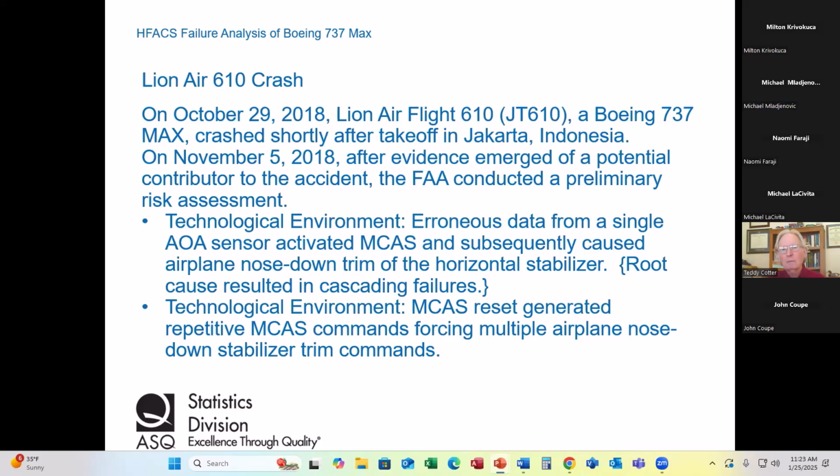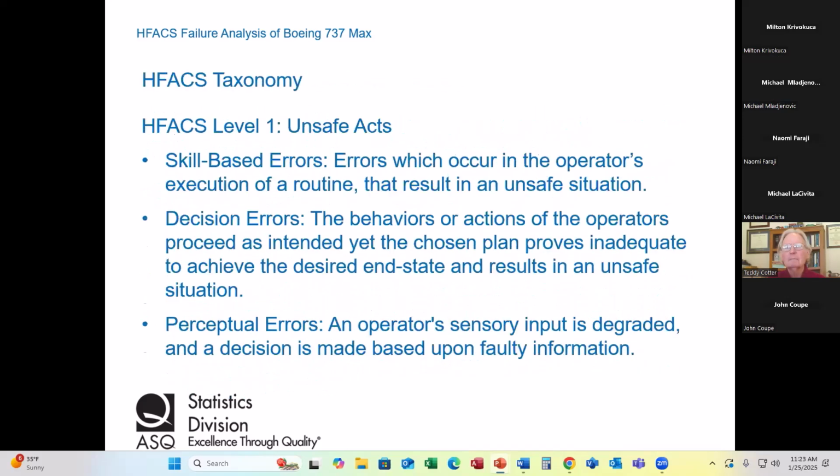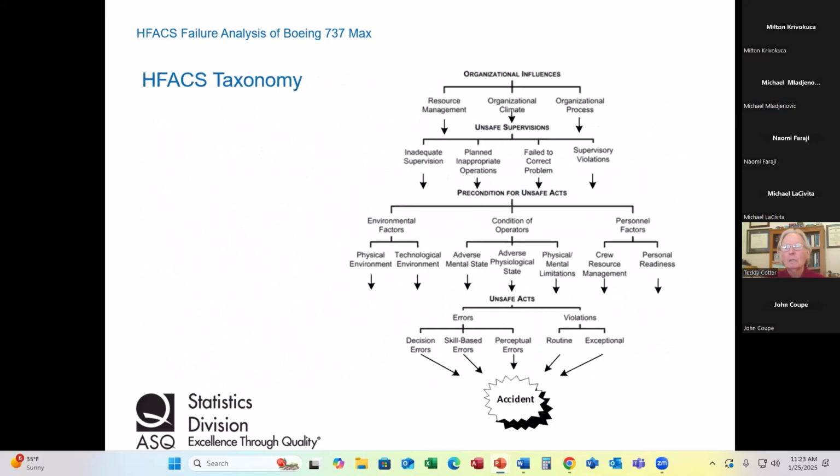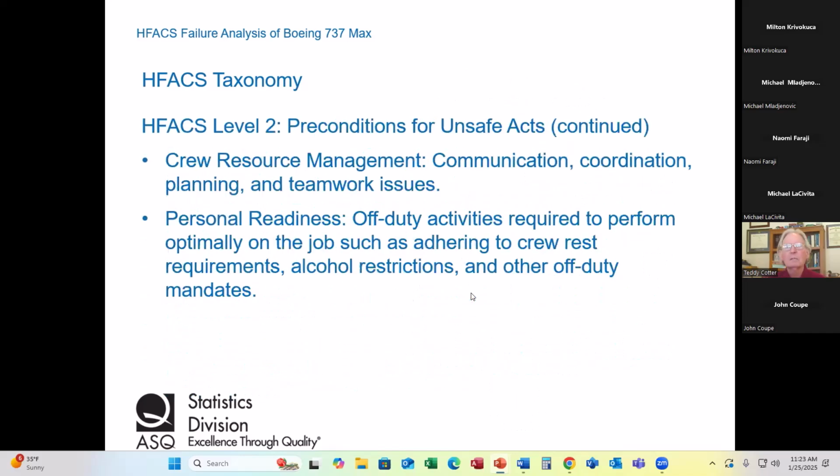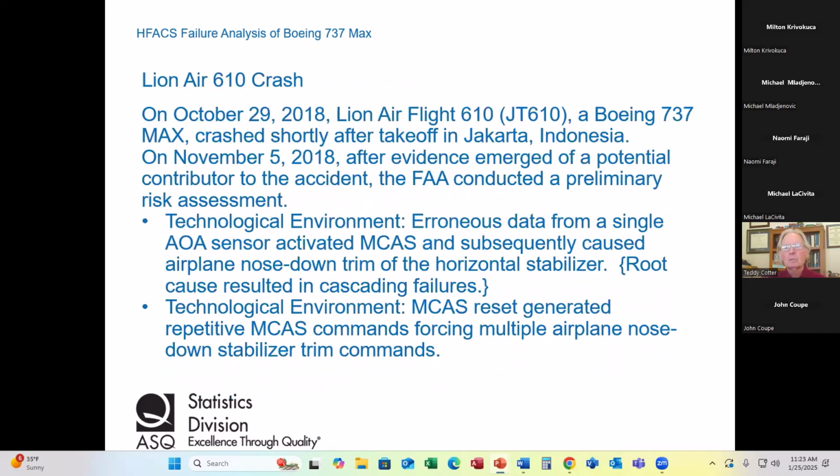So out of the risk assessment, I read through the risk assessment, and then I made these assignments myself to technological environment, going back to here, technological environment right here. And then, of course, there will be some other assignments in the categories. So technological environment: erroneous data from a single AOA sensor activated MCAS and subsequently caused the airplane to nose down.